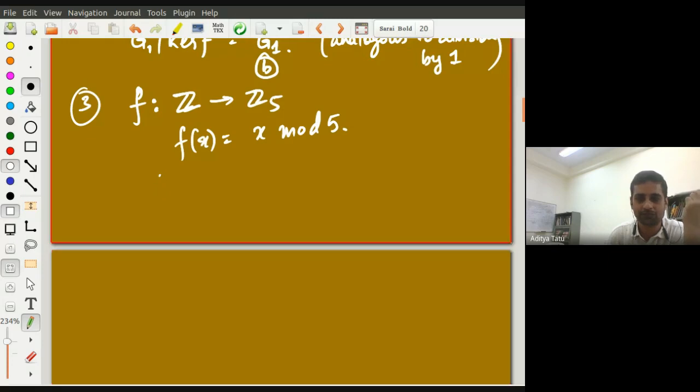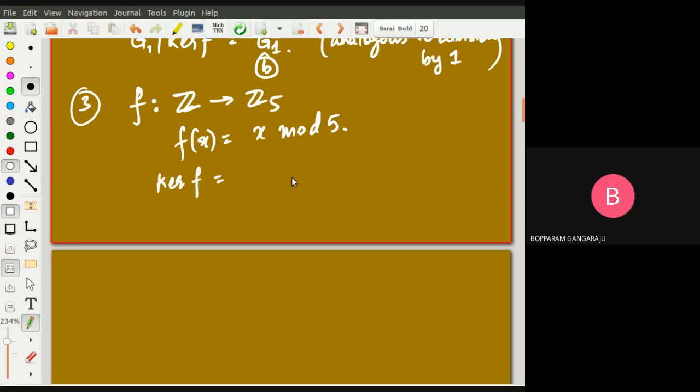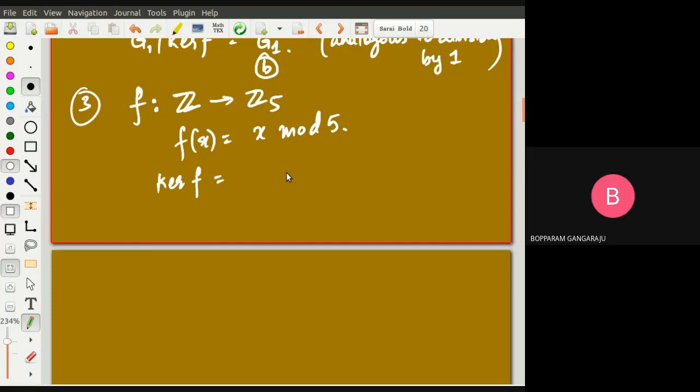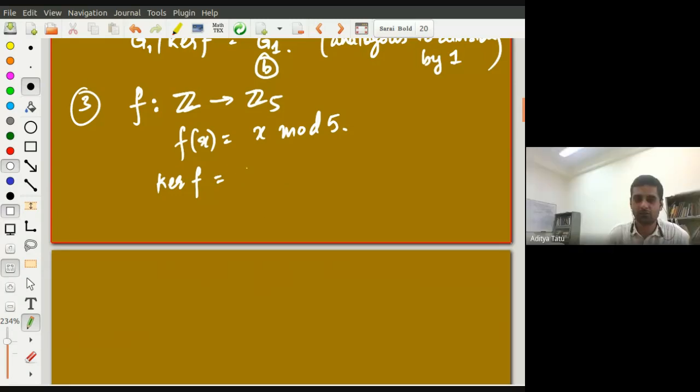Okay, I'm going to assume all of you are okay. I'm convinced that this F is actually a homomorphism. What is the kernel of F? All multiples of 5. What is the property of that set in Z? 5Z. So it's a subgroup of Z, right?